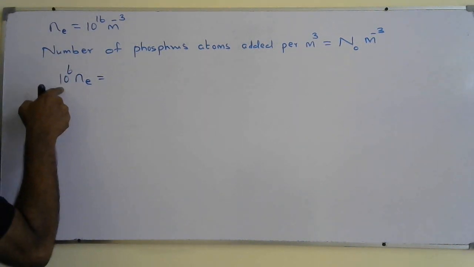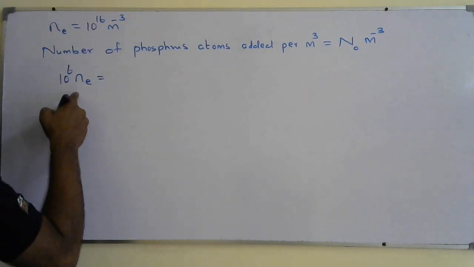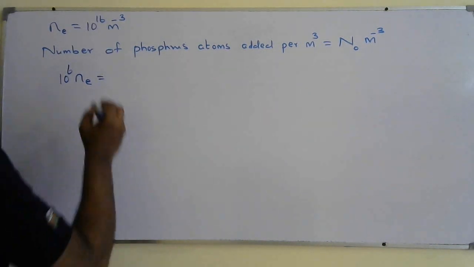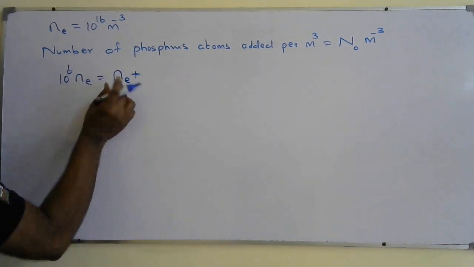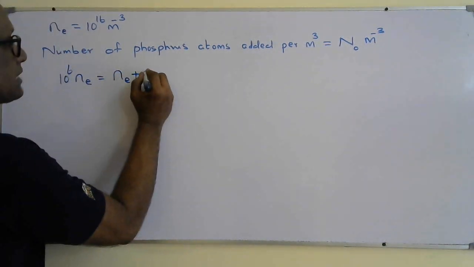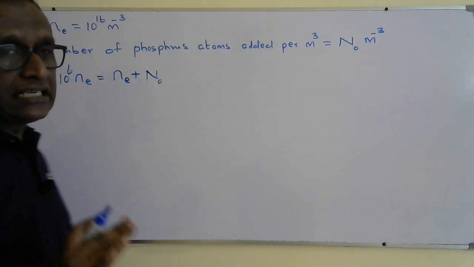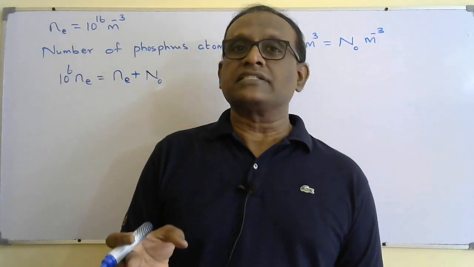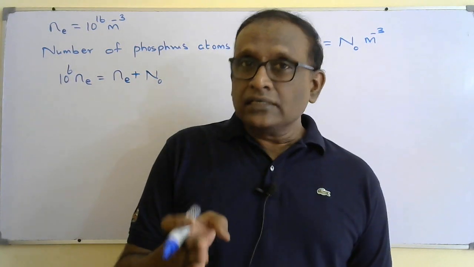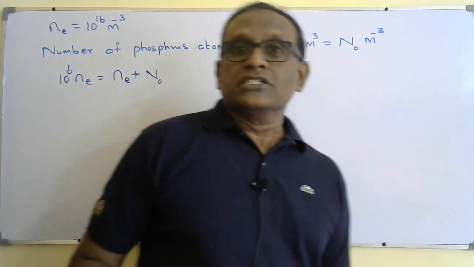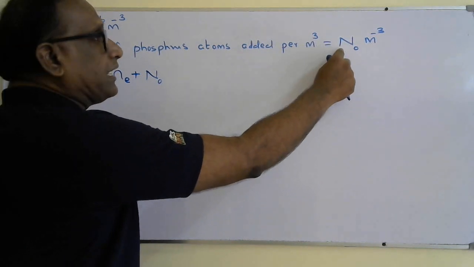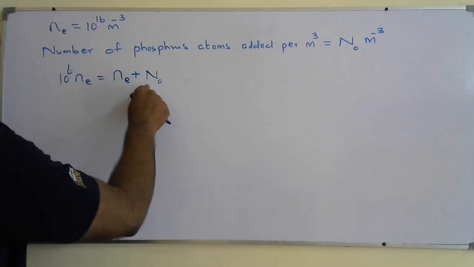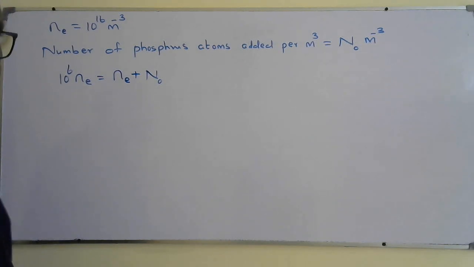Anyway, I know the value, 10 to the power 6 into 10 to the power 16, for the extrinsic semiconductor. That is equal to, initially we had Ne, plus N naught, because N naught is the number of phosphorus atoms added per meter cube. Each phosphorus atom will provide one conduction electron. So the number of phosphorus atoms added per meter cube is equal to the number of conduction electrons provided by the phosphorus.